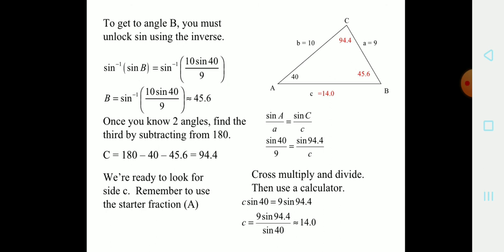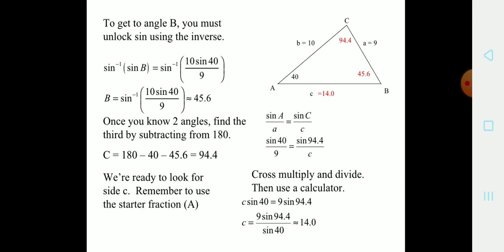So B equals sin inverse of 10 sin 40 over 9. The answer is 45.6. Once you know two angles, find the third by subtracting from 180: 180 minus 40 minus 45.6 equals 94.4. Now we are ready to look for the sides.